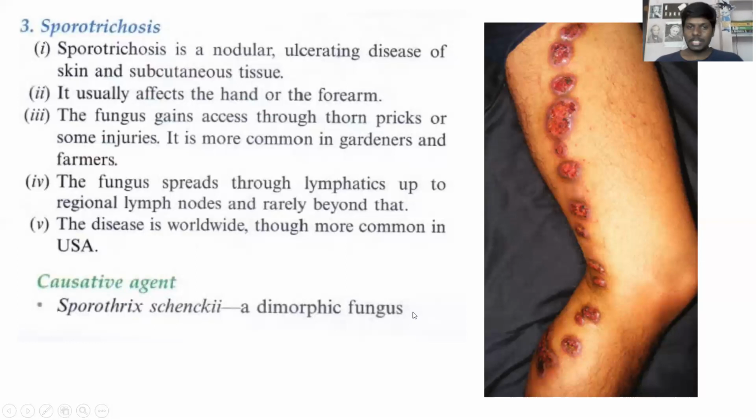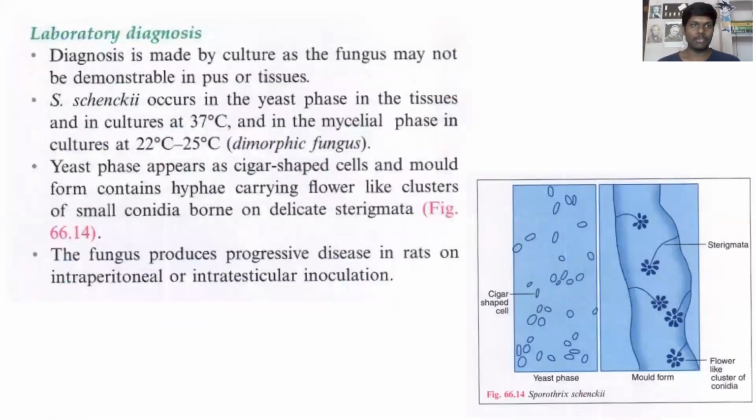I think we already discussed dimorphic fungi. A dimorphic fungus shows both a yeast stage and a hyphal stage depending upon the temperature. At body temperature, that is 37 degrees centigrade, it shows yeast forms, and at room temperature, that is less than 37 degrees centigrade, it shows the hyphal form. So it is a dimorphic fungus.